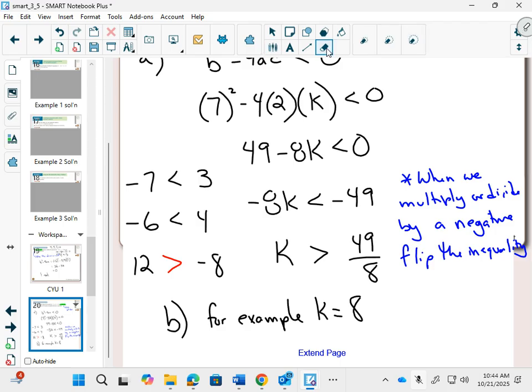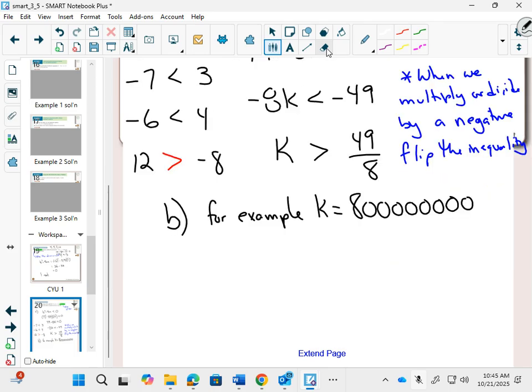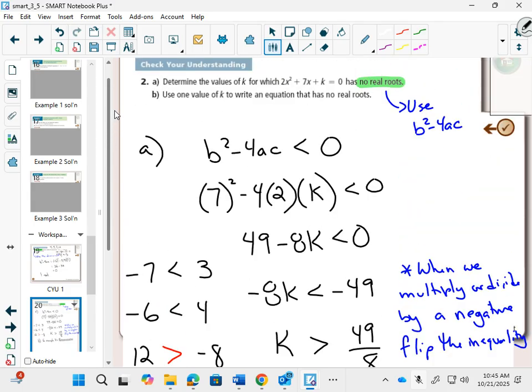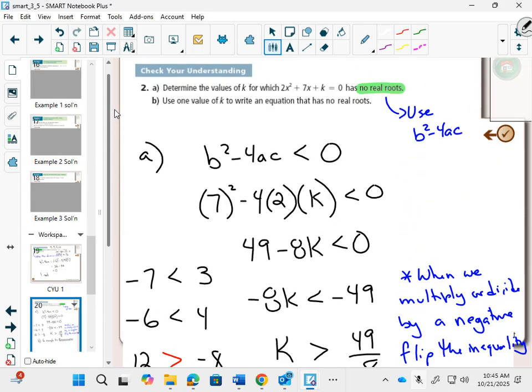If you're a little bit unsure of your mathematical guessing and checking, you could also use, I don't know, 800 million. I'm feeling it. Should be enough. I'm hopeful. Okay? And then it says use one value to rewrite the equation.